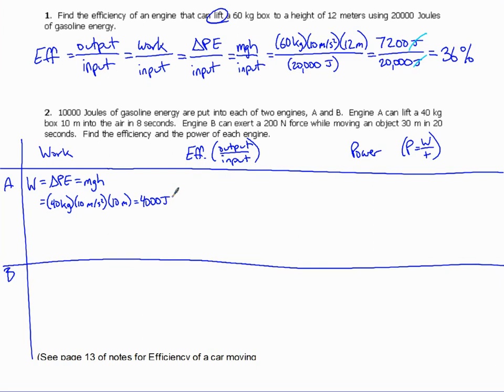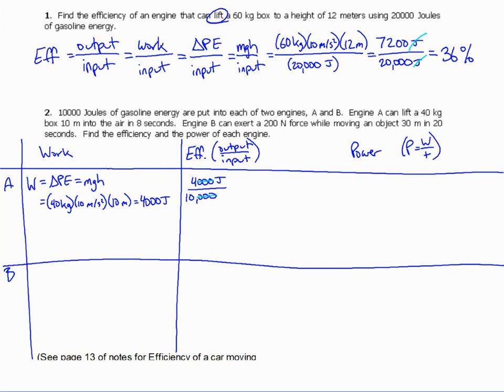Let's take a look at the efficiency. So it's output over input. The output is the work, 4,000 joules. And we're given the input, 10,000 joules. And you really don't even need a calculator for this one.